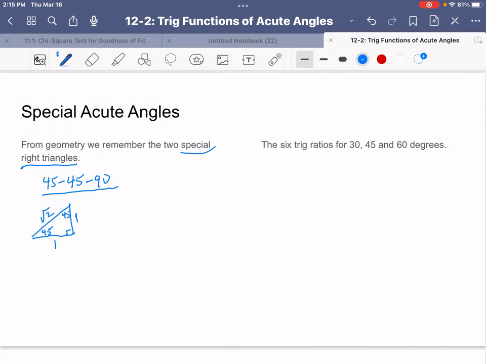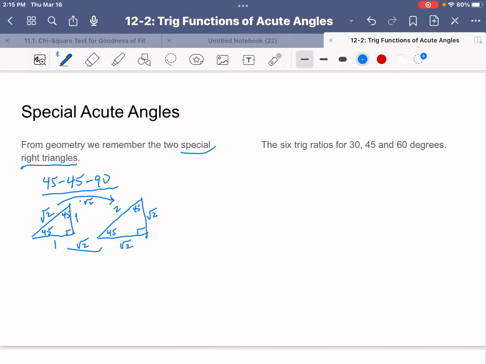But you see, that's not the only 45, 45, 90 right triangle. You could also have a 45, 45, 90 right triangle in which the hypotenuse is 2. Well, how could I change the square root of 2 to a 2? I could multiply by the square root of 2, and that would be a 2, right? So if I multiply everything else by the square root of 2, this would be square root of 2 and square root of 2.